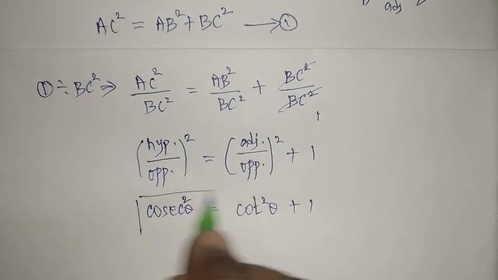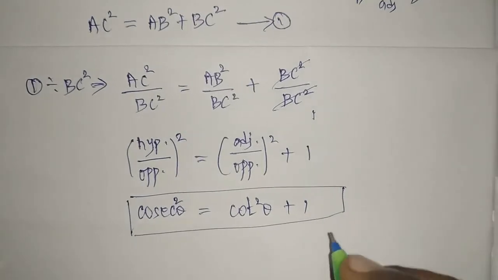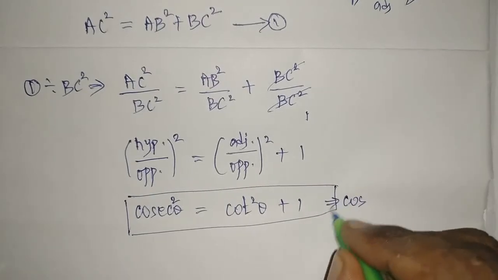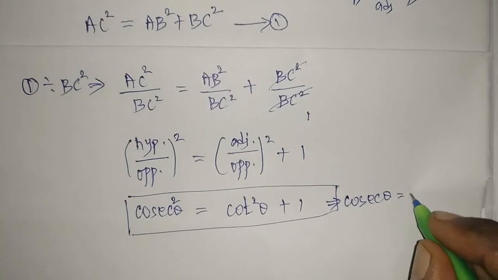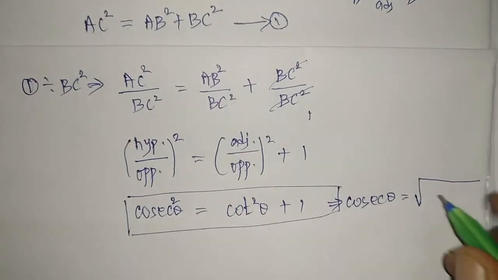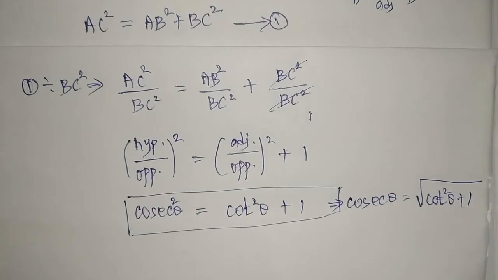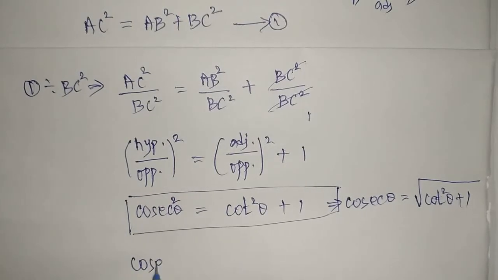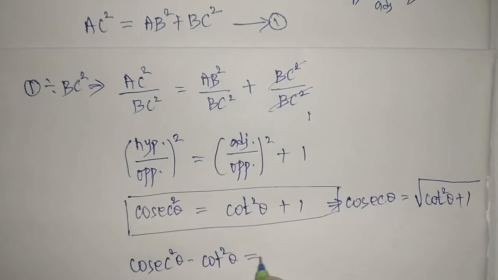This is another important identity. Suppose you want only cosecant theta, send the square opposite, then you will get the square root of cot square plus 1. Now another two subdivisions, listen carefully. If you want only 1, bring this to the opposite side, so cosecant square theta minus cot square theta is equal to 1.